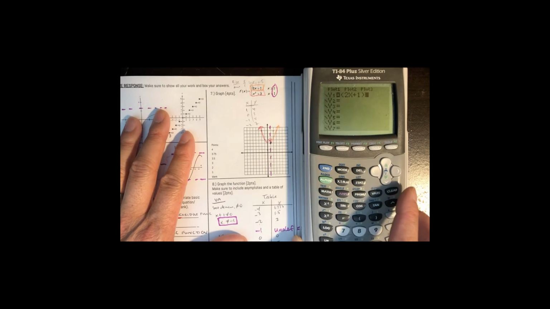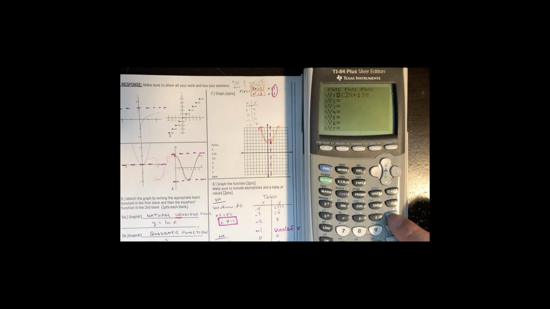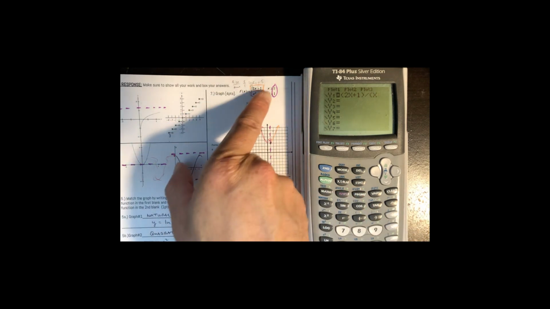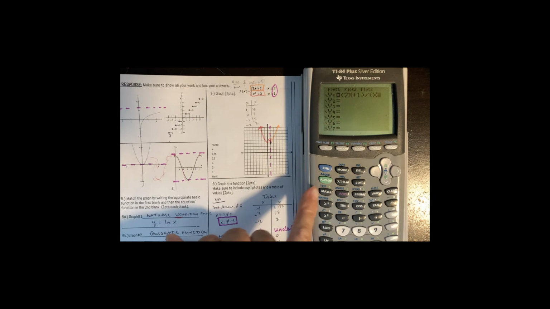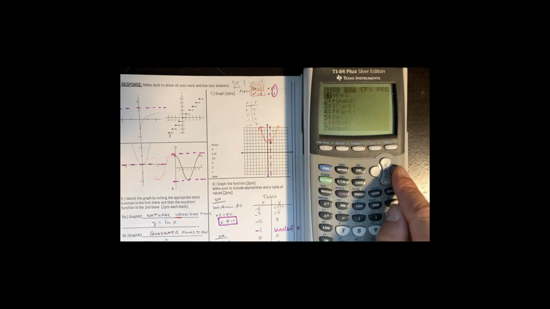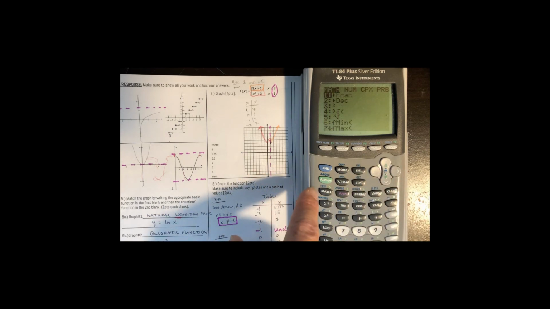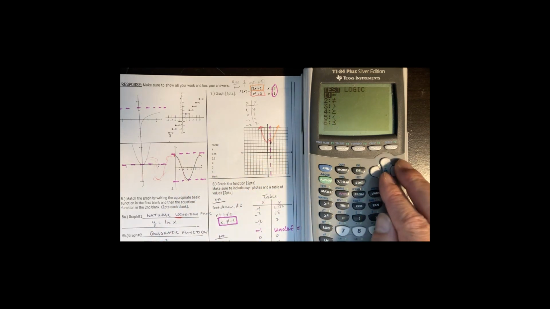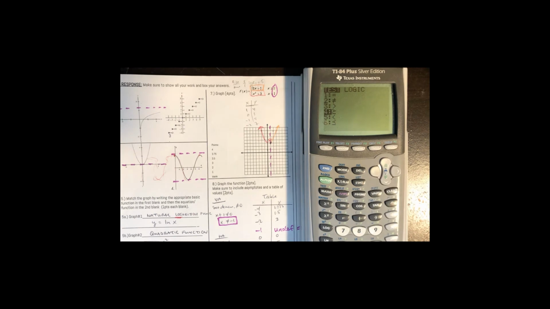We did this in class, but if you didn't get it paying attention, you press the division sign, and then you press parentheses, and then you're going to press your x, and then this one says greater than or equal to 1, so that would go to math, and then go over, sorry, wrong button, not math, test, so second math, and then it'll give you the inequalities. So let's put in the inequalities, greater than, and then press 1.